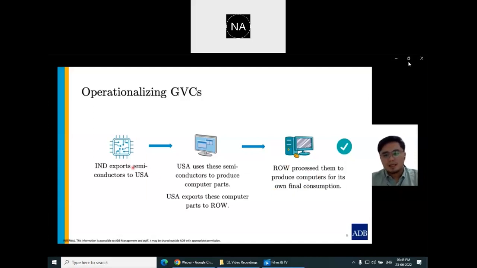Here, India is participating in GVCs as a producer of value added, and hence, this will form part of India's forward GVC participation. The USA has both forward and backward GVC participation in this case, while the rest of the world is participating in GVCs from a backward perspective.